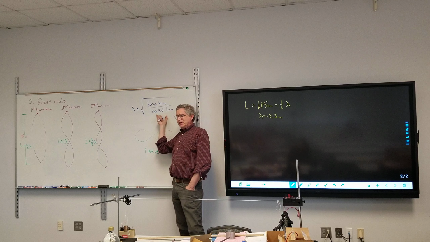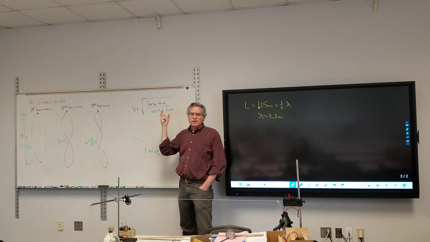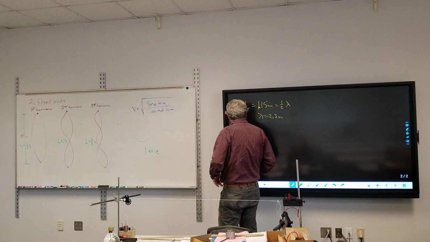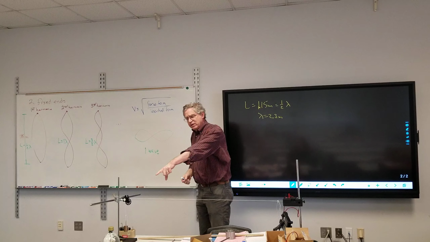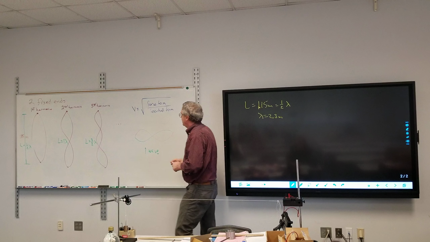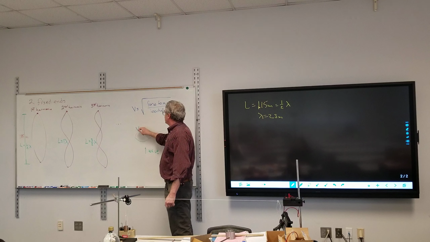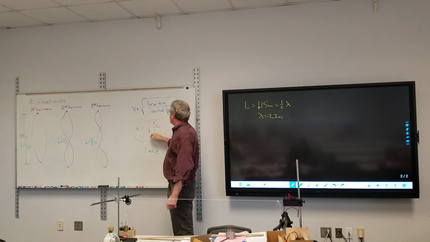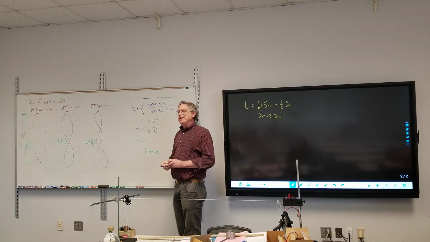And the inertial term, in essence, is how much mass are we trying to move. The more mass it is, the slower the wave's going to be. Specifically for something like this, the speed is equal to the square root of the tension divided by the linear density.